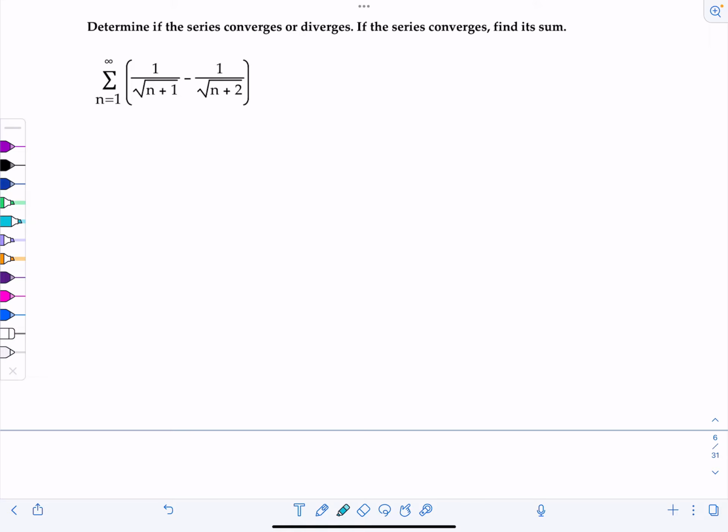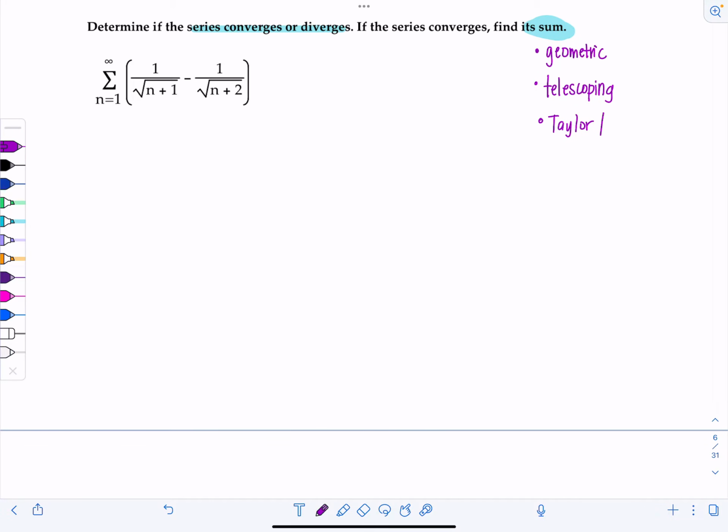When you're reading the directions, it'll usually say, figure out if it converges or diverges. That's nothing new. The fact that it says find the sum, ooh, we don't do that often. The only time you can find the sum of a series is if it's geometric, if it's telescoping, or if it's a Taylor or Maclaurin series.